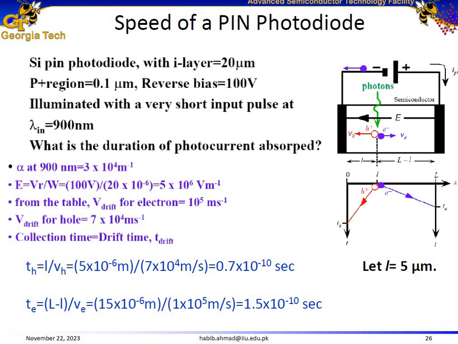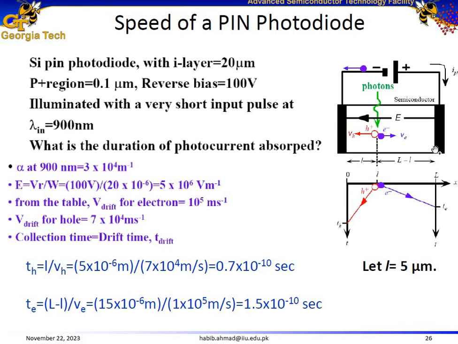Let us perform some calculation for the transit time of electrons and the transit time for holes. Assume once again a photon is incident on this PIN configuration, resulting in the generation of an electron-hole pair at this point, and assume small l is equal to 5 micrometers. So assume this distance is equal to 5 micrometers. And assume the I layer width is 20 micrometers.